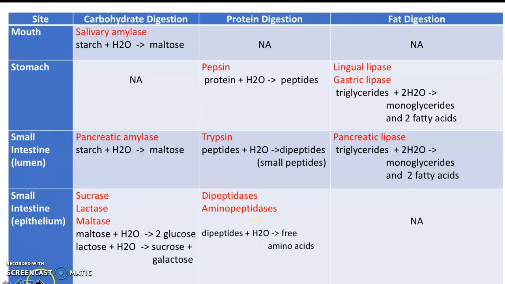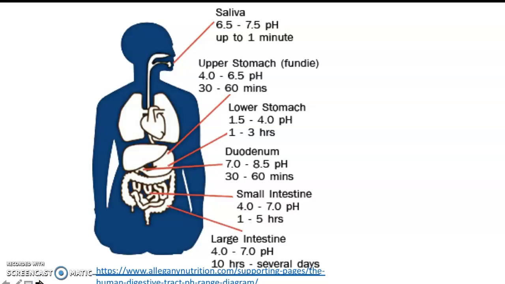The next thing that I'm going to show you is kind of an overview of the digestive system here. It's kind of a cute little picture. And what I want you to see is that as you move through the digestive tract from the mouth, through the esophagus to the stomach, to the duodenum, to the small intestine, the large intestine, this author is showing you what the pH is.